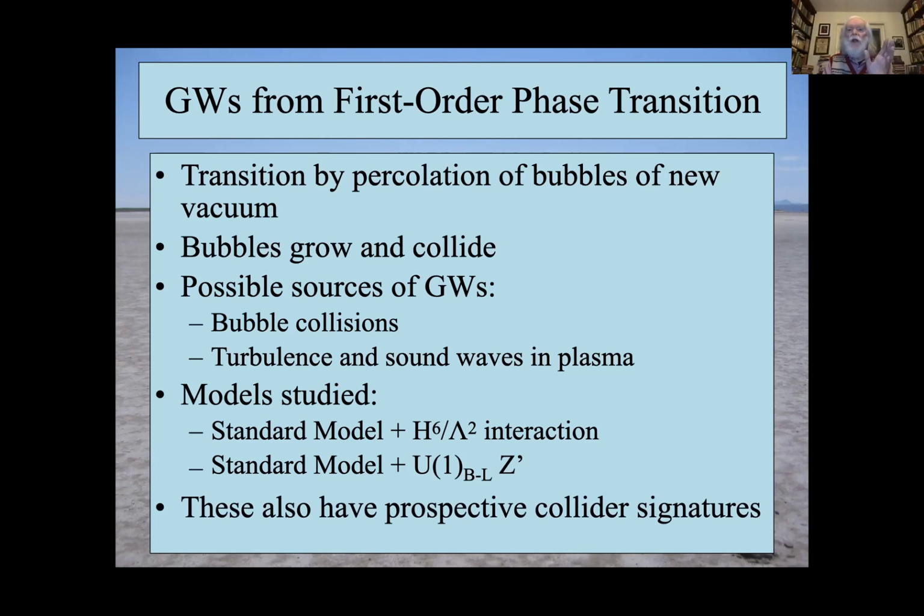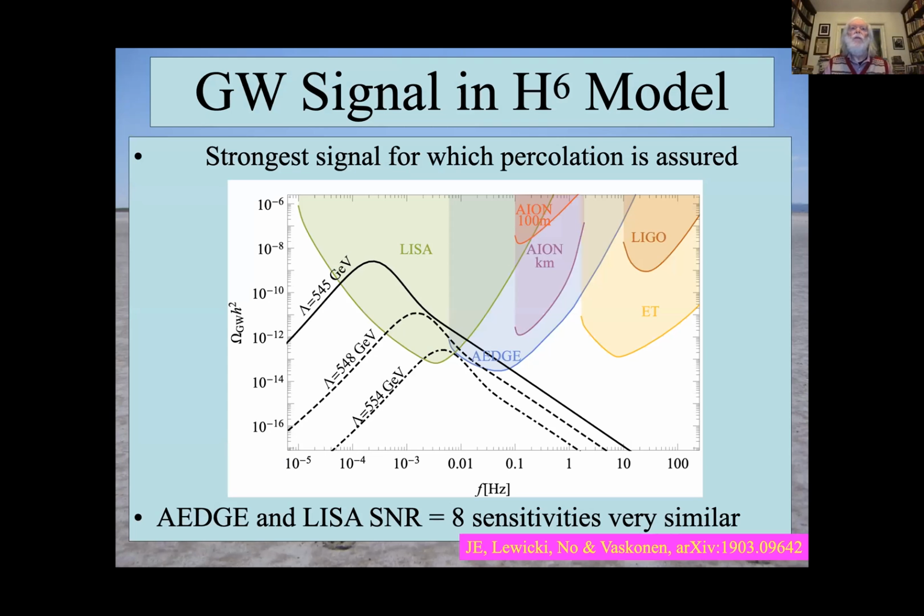And I'm going to try to compare and contrast prospective sensitivities of gravitational wave and collider experiments. So here's an example from an analysis that we did of the h to the 6th model.